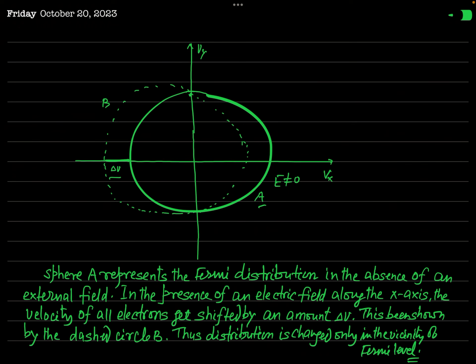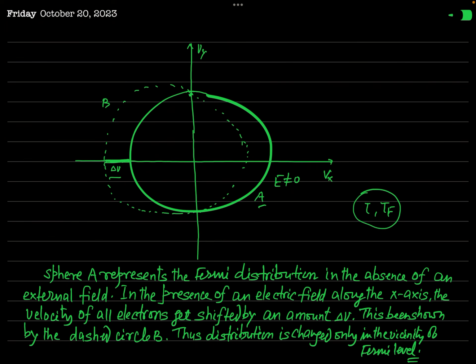So from this figure, it is evident that the distribution is changed only in the vicinity of the Fermi level. You can see here this distribution has been changed significantly, but here there is no significant change in distribution, and that's why in the expression for sigma, instead of tau, we have to take tau f.